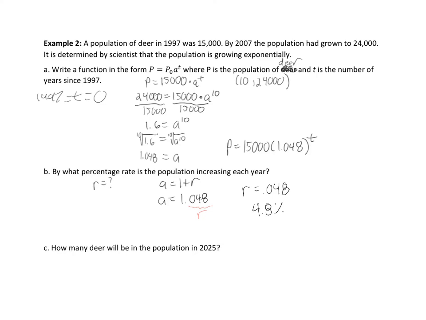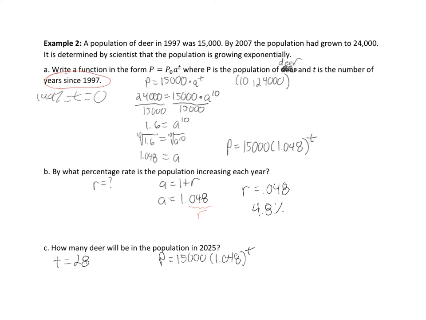How many deer will there be in 2025? So if we've got a formula, P equals 15,000 times 1.048 to the power of t, all we need to do is think 2025. What t do we want to plug in? Well, in this case, t would be 28. And the reason I'm getting 28 is, remember, we wrote our formula in years since 1997. So the fact that in 2025, we'd be 28 years past 1997.